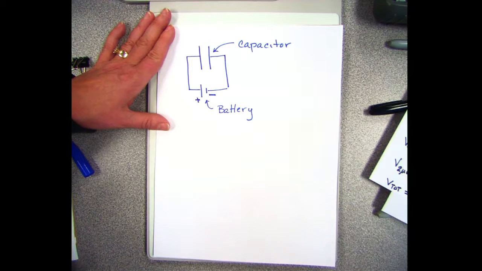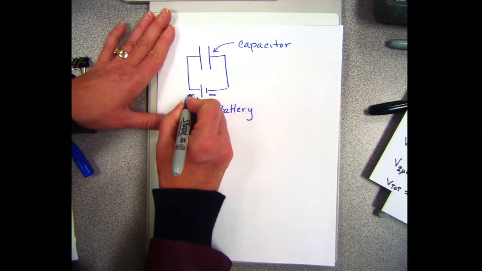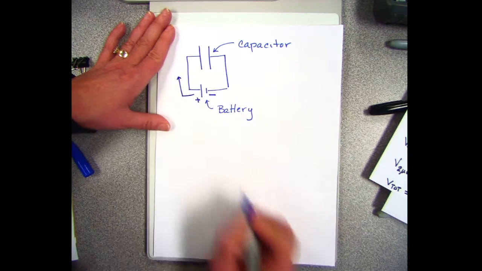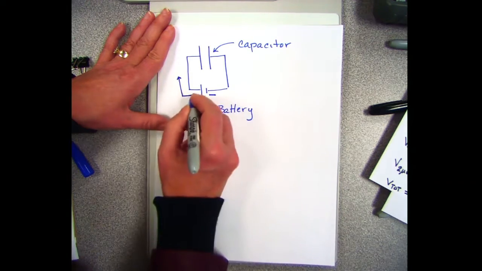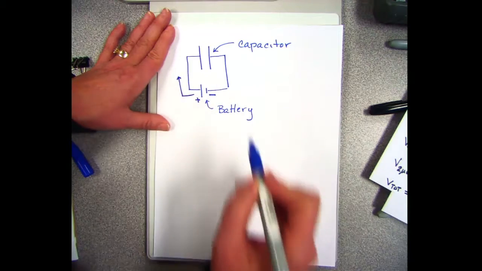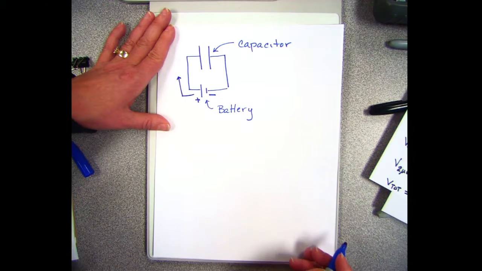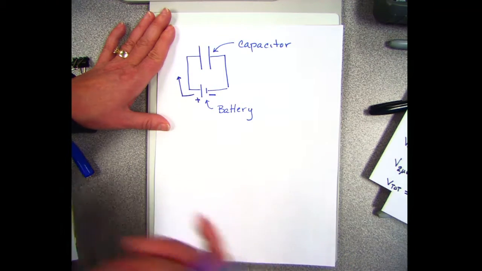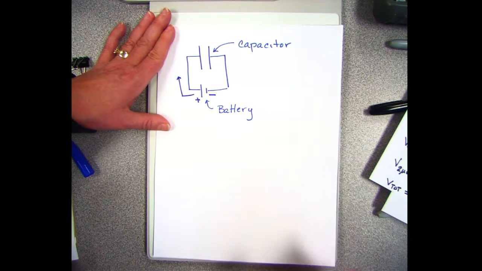That would be the direction of flow in my system. But we know what's moving in my wire is actually the electron, so Ben Franklin got it wrong. Just be aware that even though we deal with current like this, that's not actually what's physically happening, and we start that discussion on Friday.